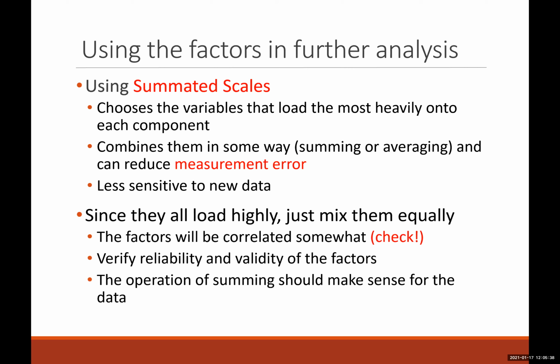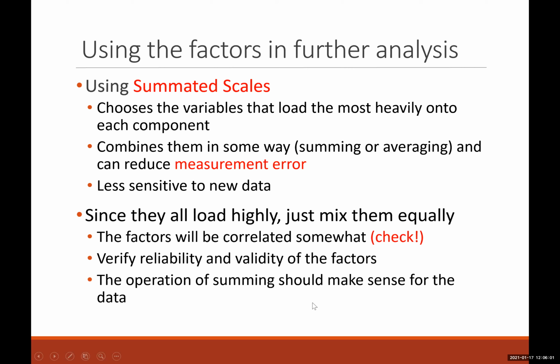And I'll explain that more when we get to the example that I did at UChicago that recently got published at the beginning of January. And so we have to make sure that these factors are not correlated to each other, that they're also reliable and valid. And we'll talk about how we check for factorability in a second.